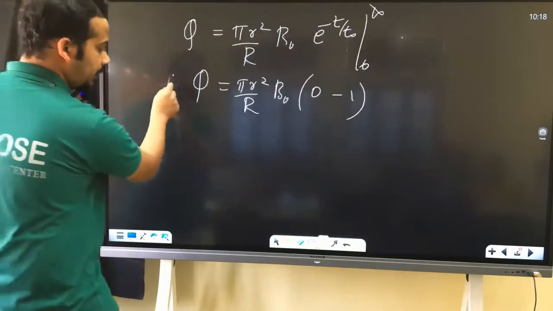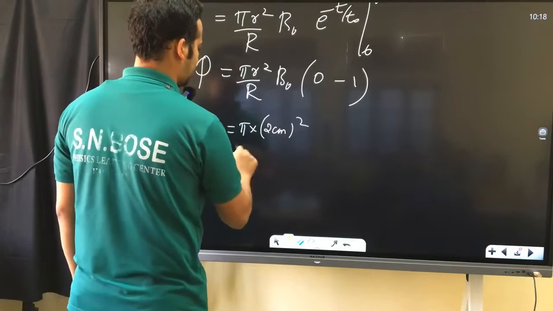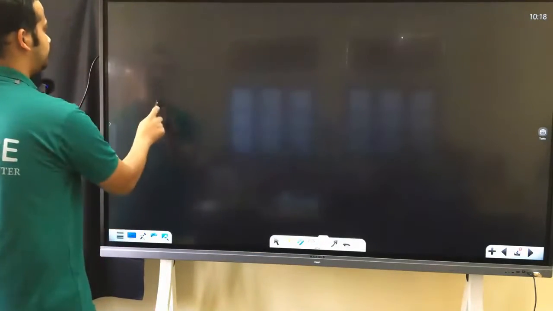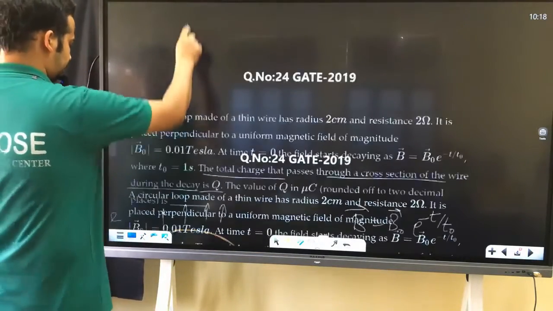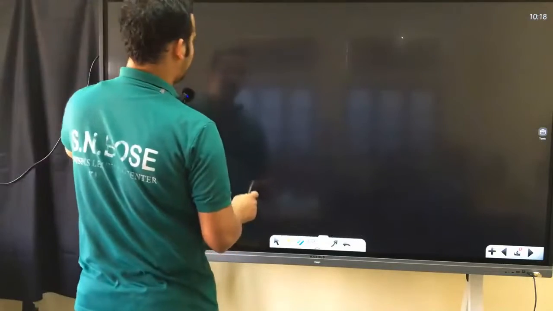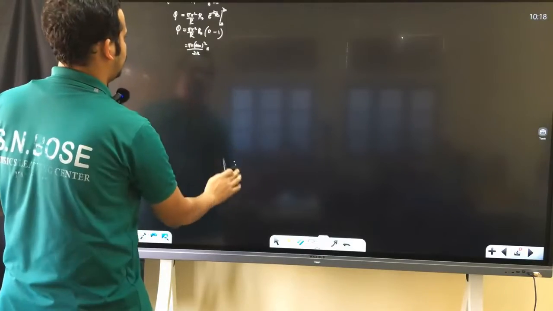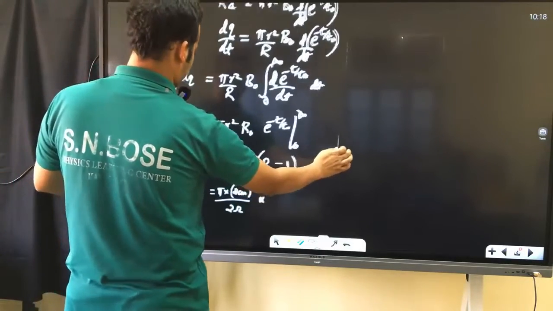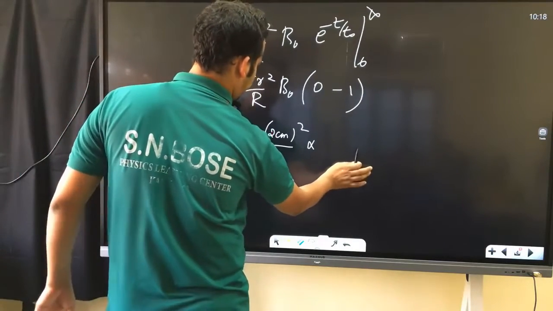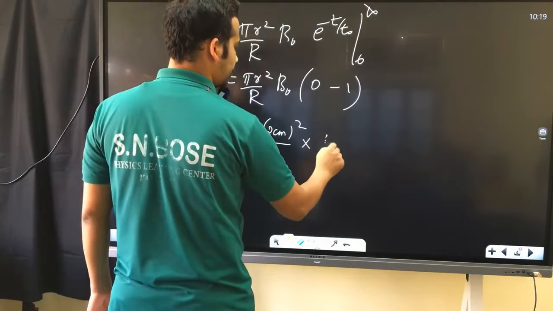The radius is equal to 5 into 2 centimeter square. R is 2 ohm into B naught, 0.01 Tesla. I think I better give the hints only, otherwise we can't touch more problems.